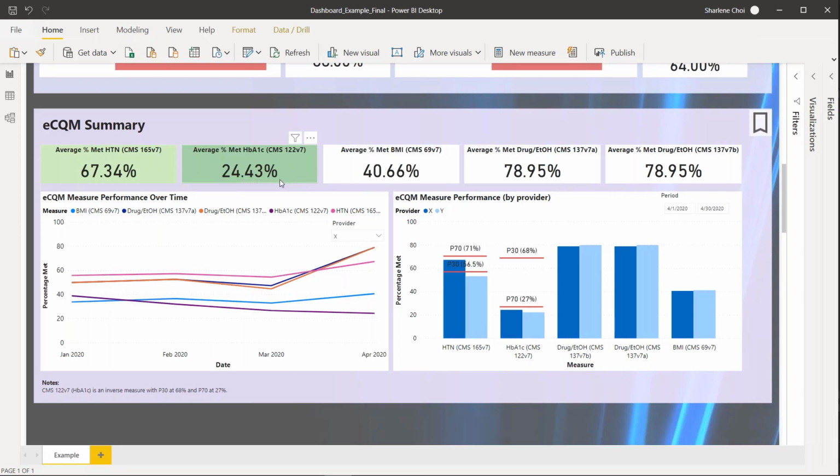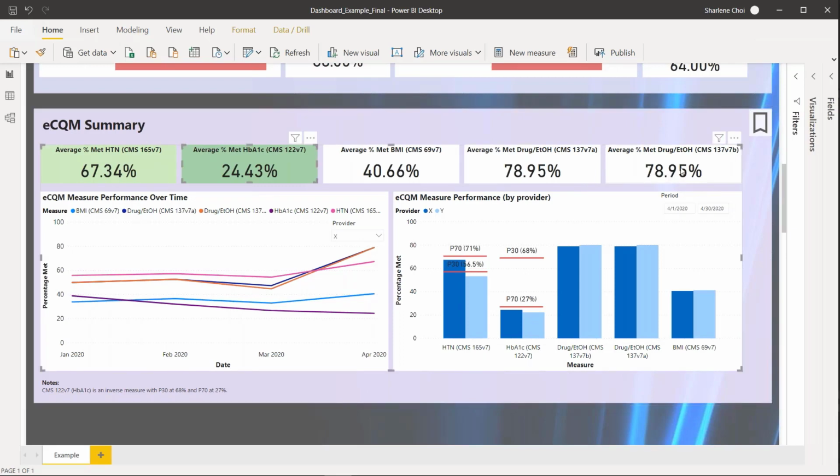These measures are based on the numerator, denominator, and exclusions for each ECQM. In MDPCP, you should focus on hemoglobin A1C levels, hypertension, and the initiation and engagement of alcohol and other drug dependence treatment.